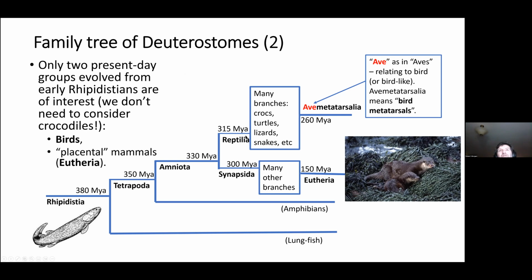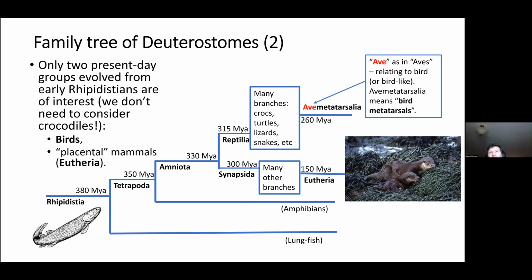There are two branches of interest to us. One evolved into reptiles, and we don't have to worry about crocodiles in our own coastal zone, but they in turn evolved into a group called Avemetatarsalia, which basically means bird metatarsals. Metatarsals are the bones in your hand that go from your wrist to the base of your fingers.